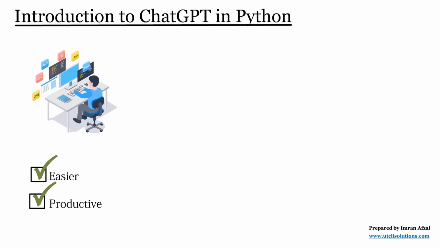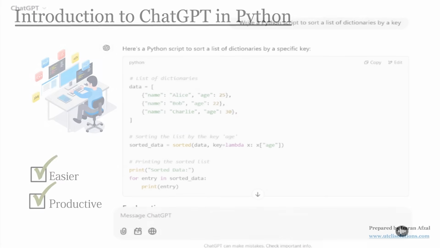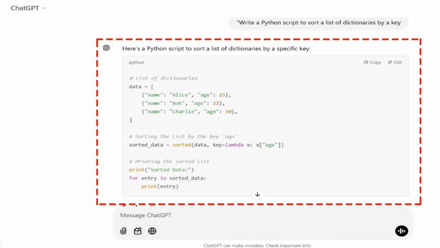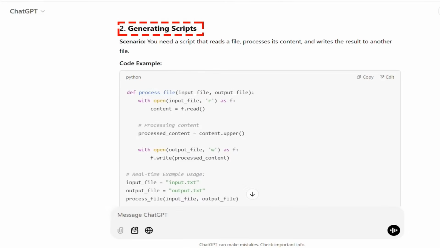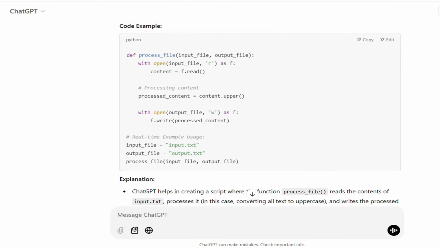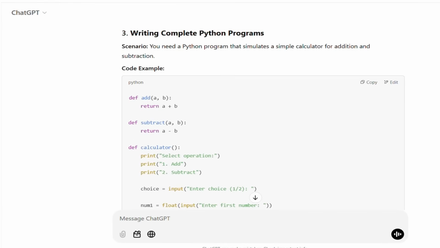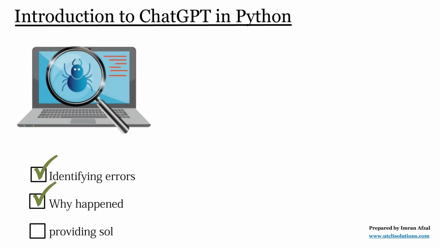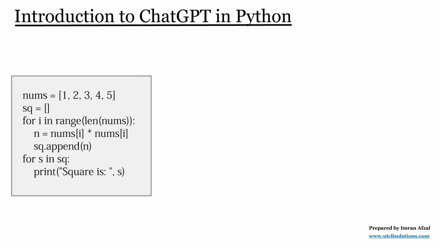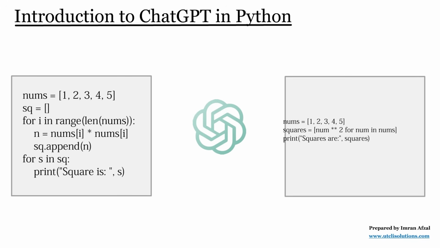All right, ChatGPT acts like a coding partner specifically for Python tasks, whether it's creating functions, generating scripts, or writing complete Python programs. It helps with debugging Python code by identifying errors, explaining why they happen, and providing solutions. ChatGPT also optimizes Python code by suggesting cleaner, faster approaches to improve performance.